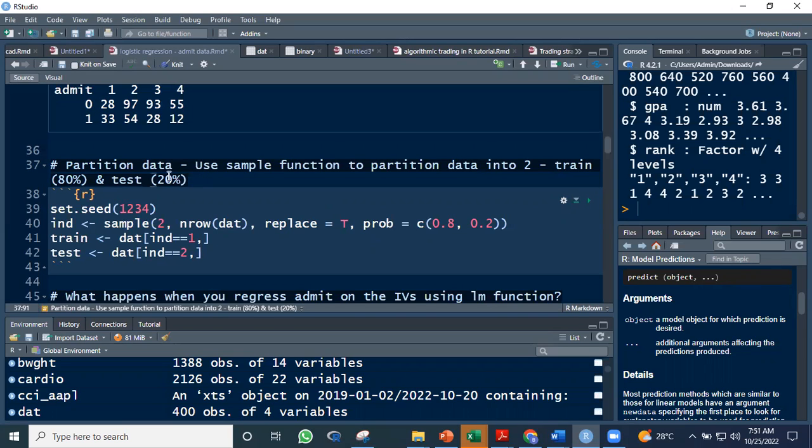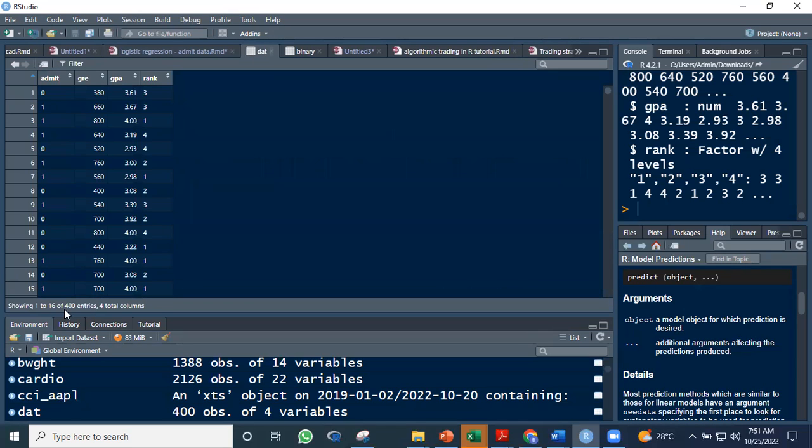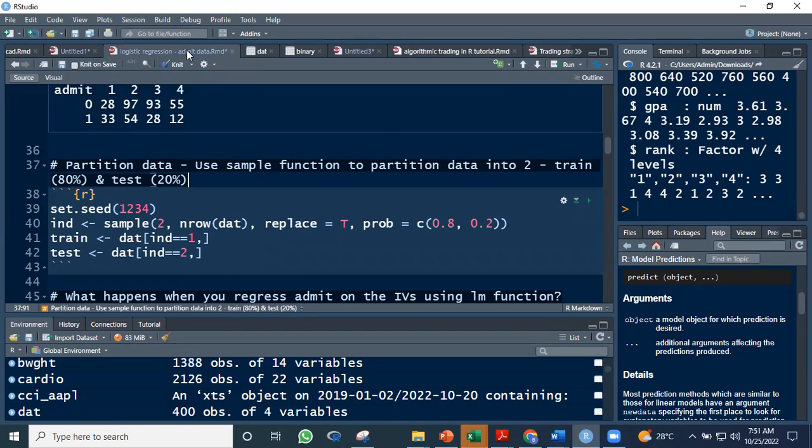Okay, so that's partition data. Now, our data set, class, is 400. If we're going to use everything here, we might find ourselves suffering from what we call overfitting.